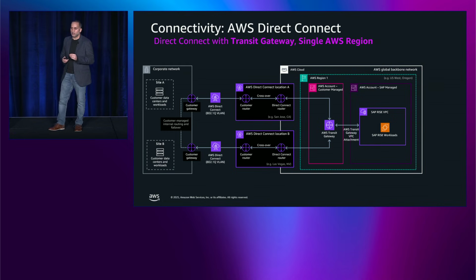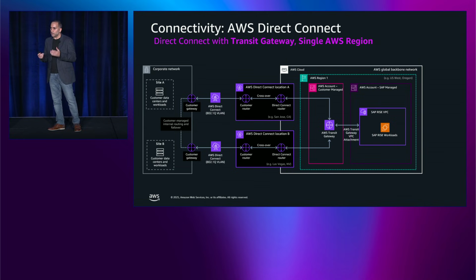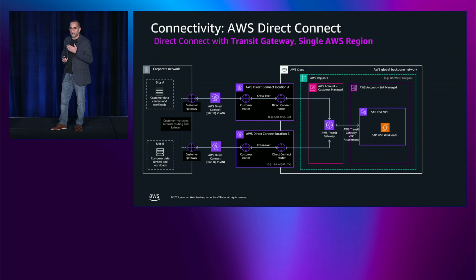This is where your non-SAP, non-Rise workloads are hosted. Now, this could be your cloud applications, your IoT applications, data lakes, or any other analytics applications. This account also has an AWS Transit Gateway, which acts as a central connectivity hub, connecting multiple VPCs with on-premise corporate network.